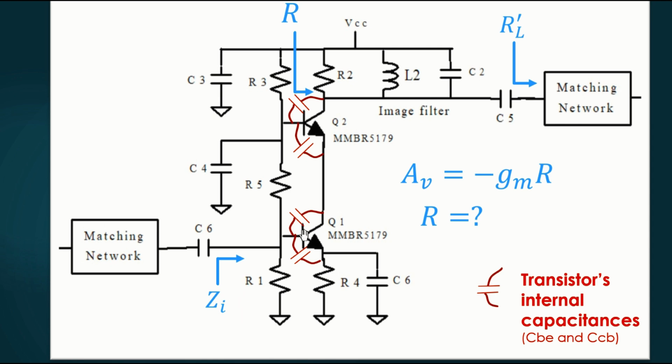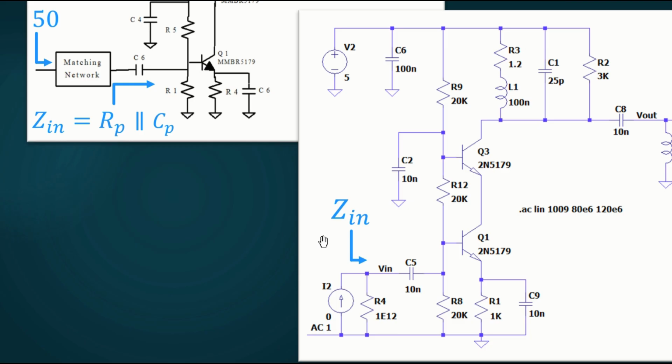But let's simulate it and see if those values are the ones that the simulator gives us for Zi. And here's how I did that. I put my AC 1 amp current source on that node. I'm looking through C5, but that's just a short circuit at our RF frequencies, so I can just put the current source over here.